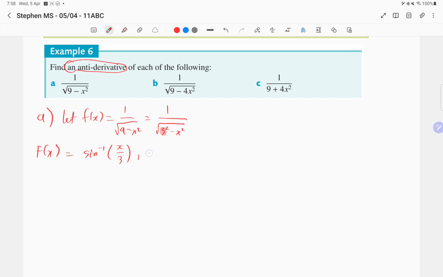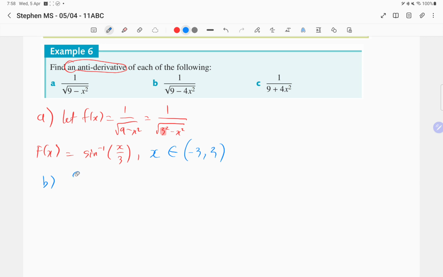The important thing is it's an antiderivative, so we're saying c is 0. And for x between what values? Negative 3 to 3, exclusive. Not too bad.